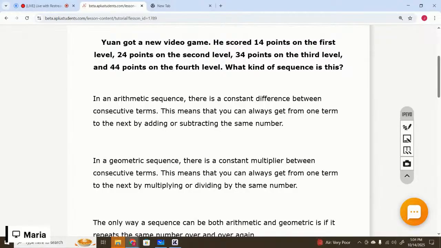This means that you can always get from one term to the next by adding or subtracting the same number. In a geometric sequence, there is a constant multiplier between consecutive terms. That means you can always get from one term to another by multiplying or dividing by the same number.